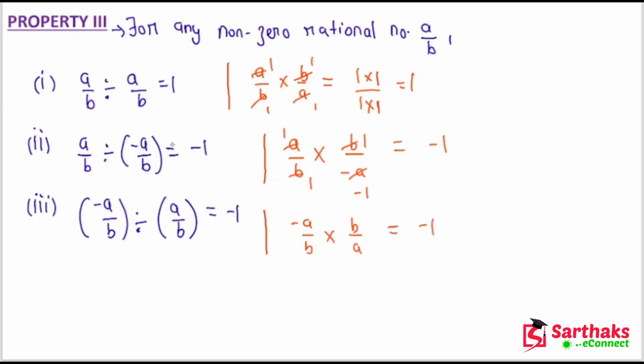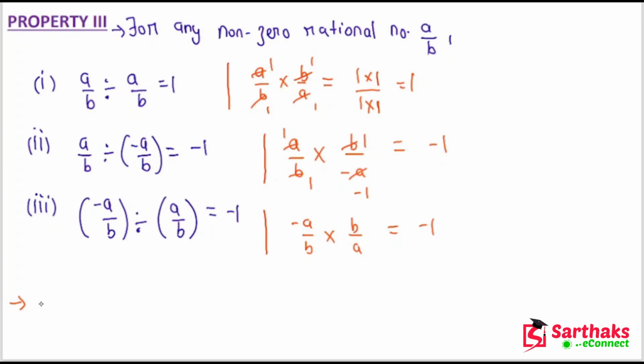So this was all about properties of division of rational numbers. Also, you can clearly see that division of rational numbers is neither associative nor commutative, because a upon b divided by c upon d would not be equal to c upon d divided by a upon b.